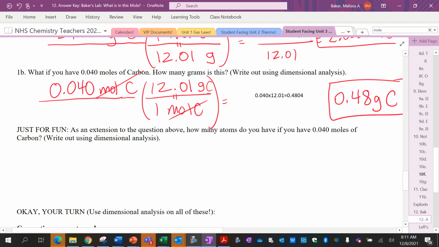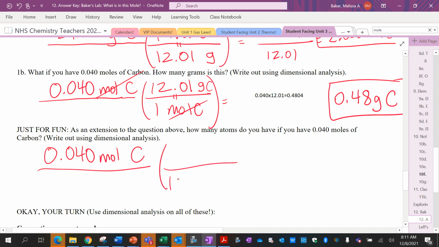Just for fun, how many atoms do you have if you have 0.04 moles of carbon? Well, we know that 1 mole is equal to 6.02 times 10 to the 23rd atoms.